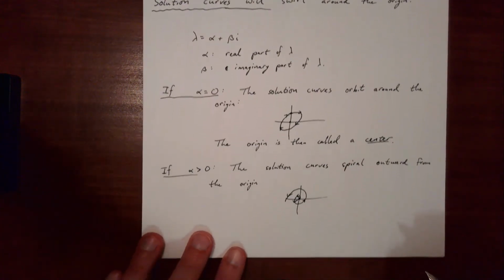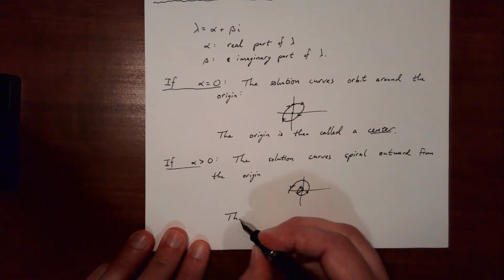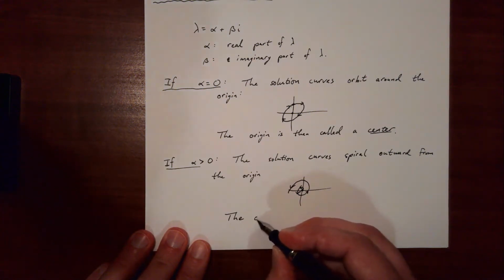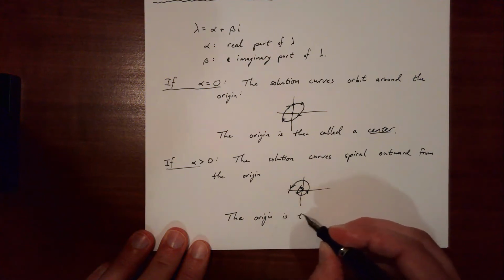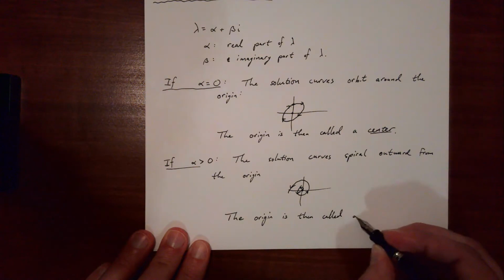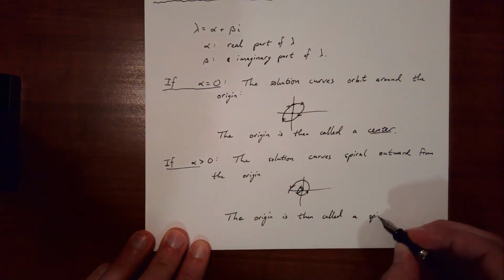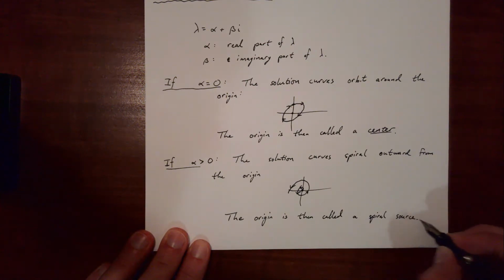And then the origin is called a spiral source.